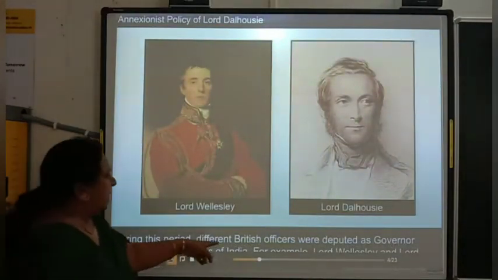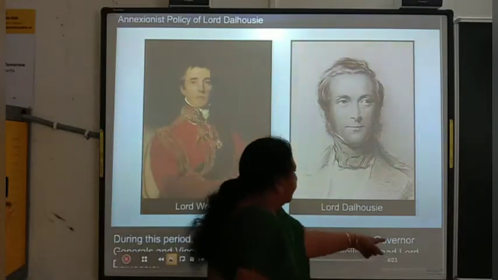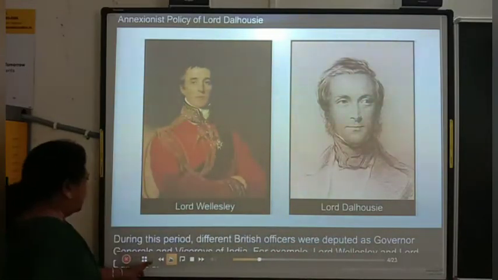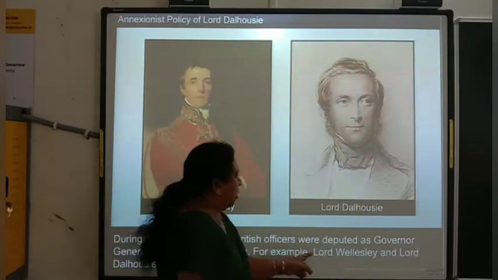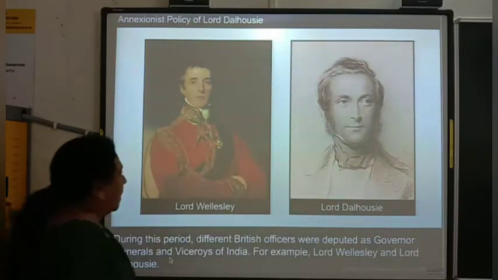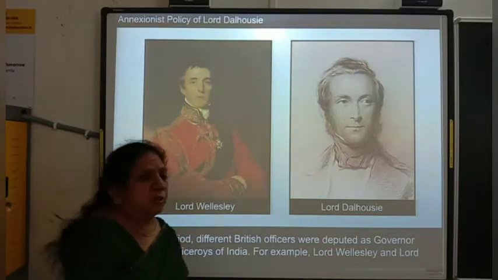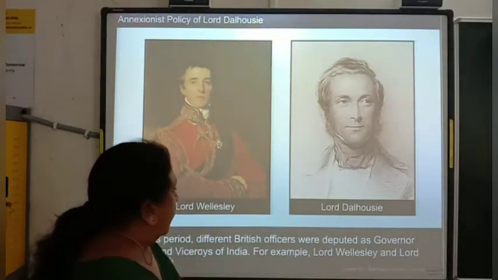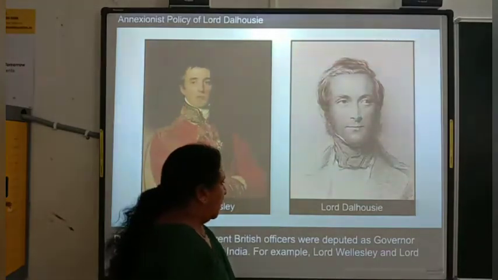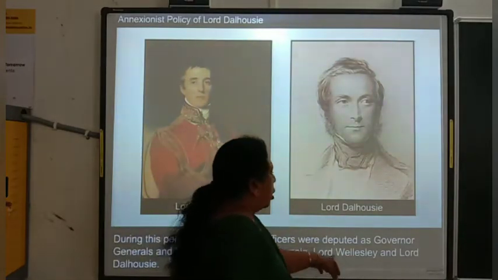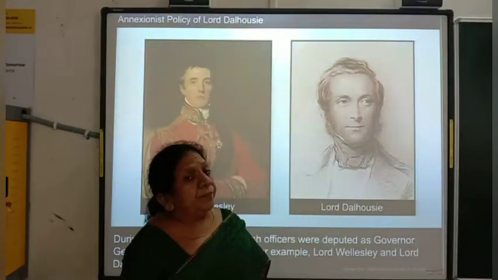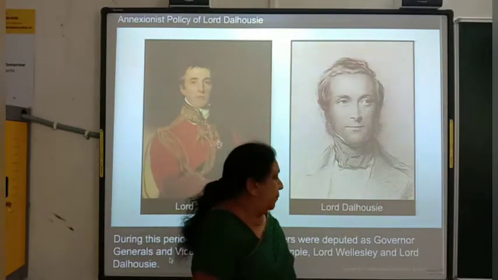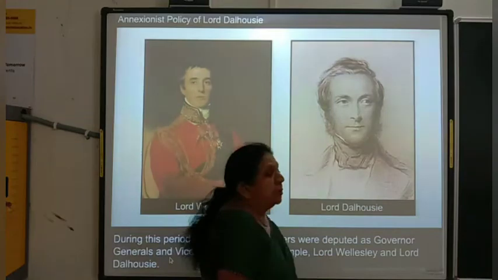See, during this period, different British officers were deputed as the Governor General and the Viceroy of India. For example, Lord Wellesley and Lord Dalhousie. These two leaders came to India and policies were started. First, we have seen already Lord Wellesley, the policy of subsidiary alliance and how it affected the kings.